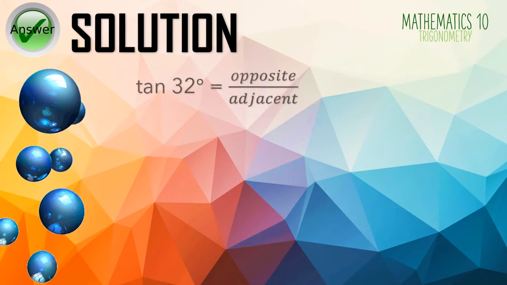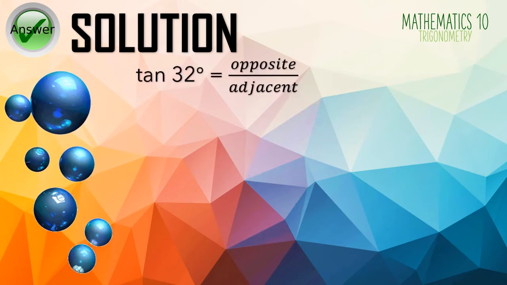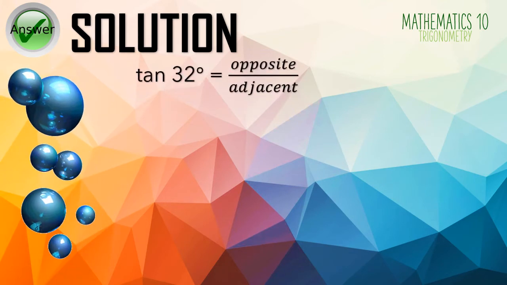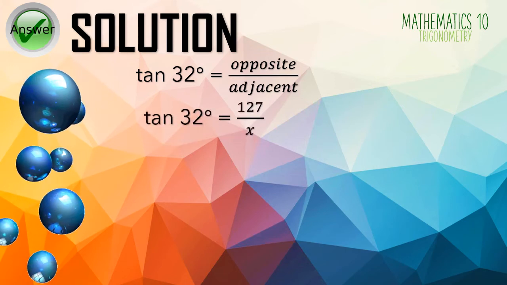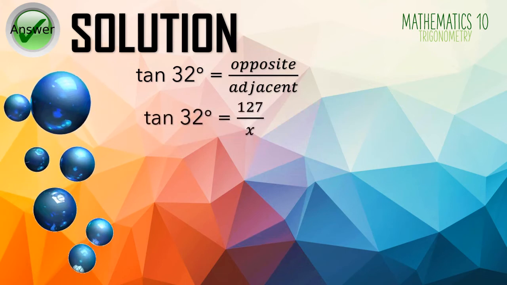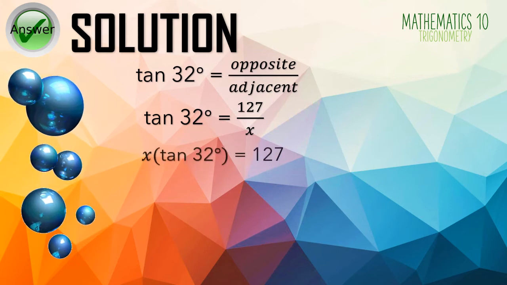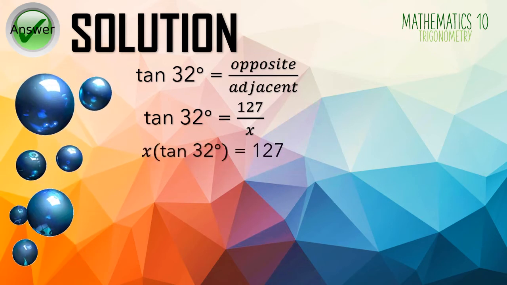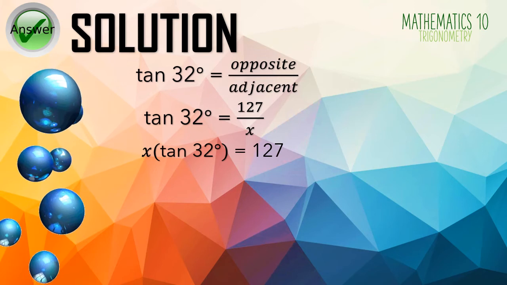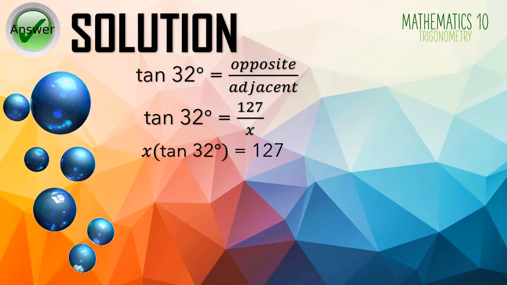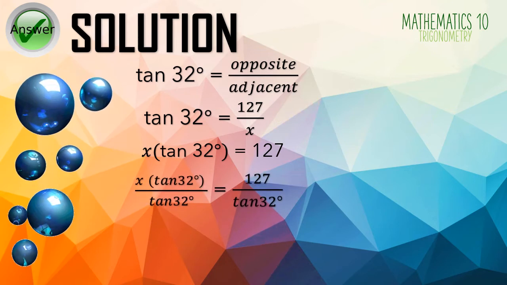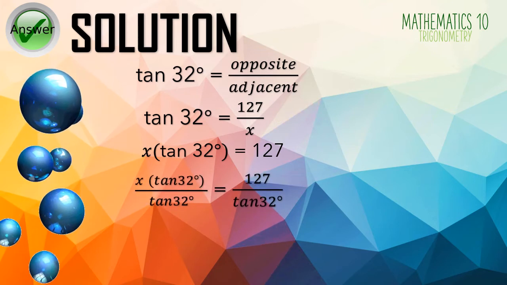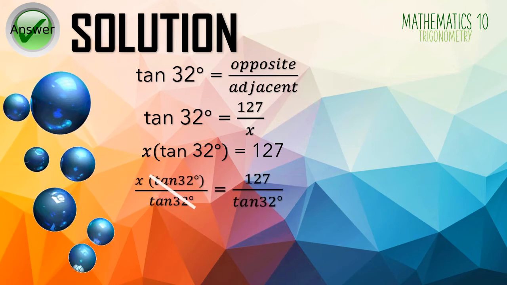So tangent 32 degrees is equal to opposite divided by adjacent. Substituting in the formula, we'll have 127 over x. Then cross multiplying, we'll have x times tangent 32 degrees equals 127. Isolating the x, we divide both sides by tangent 32 degrees and cancel out.